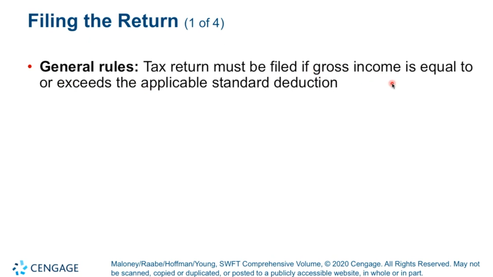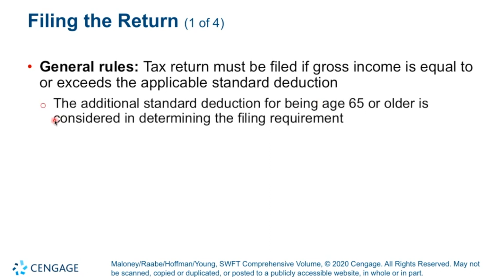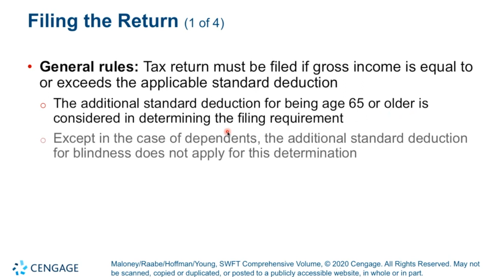So for filing the return, our general rule is that a tax return must be filed if gross income is equal to or exceeds the standard deduction, right? So if you have $10,000 in income, the single standard deduction is $12,200. You don't have to file, but if you had income taxes withheld, you probably want to file to get those back. The additional standard deduction for being age 65 or older is considered in determining that amount.